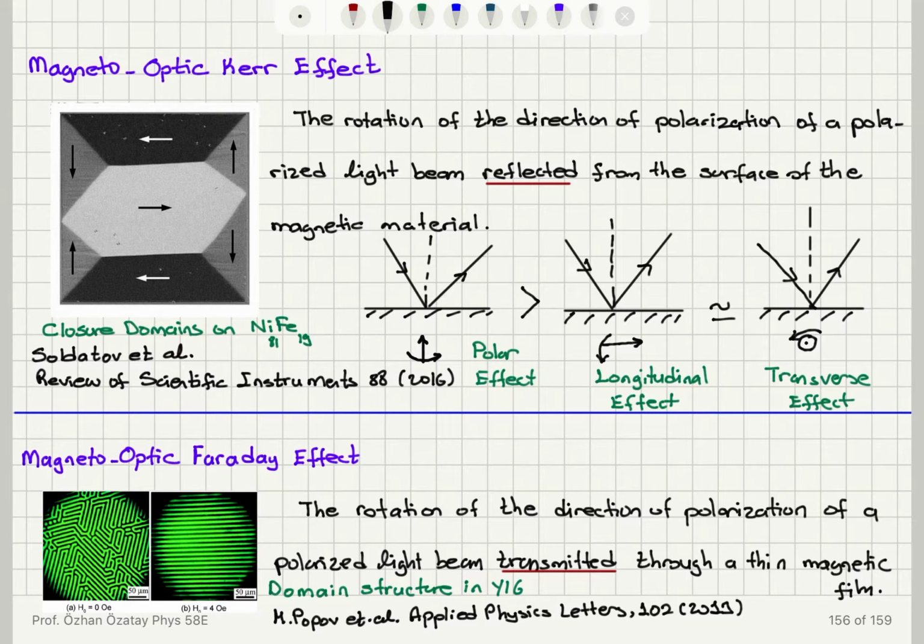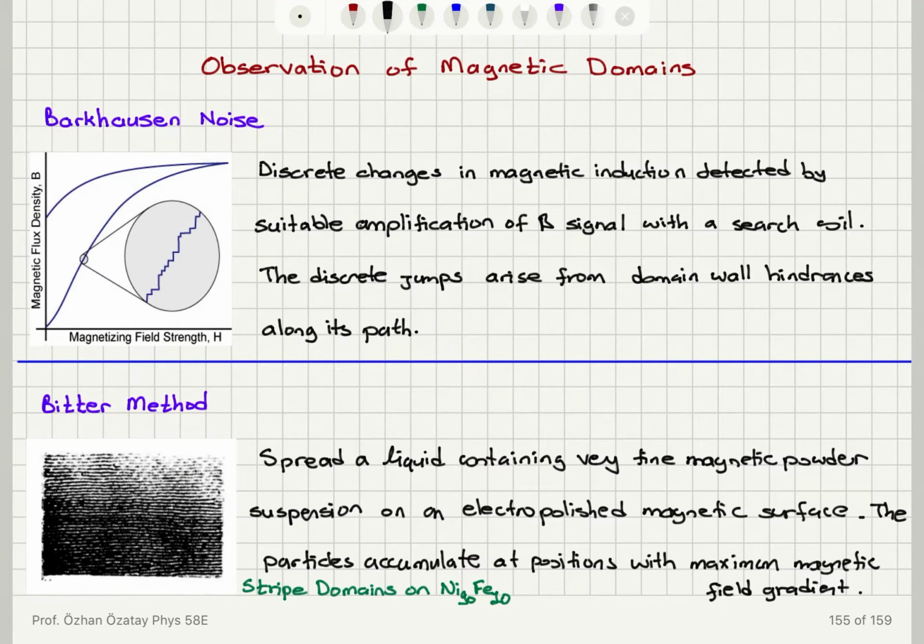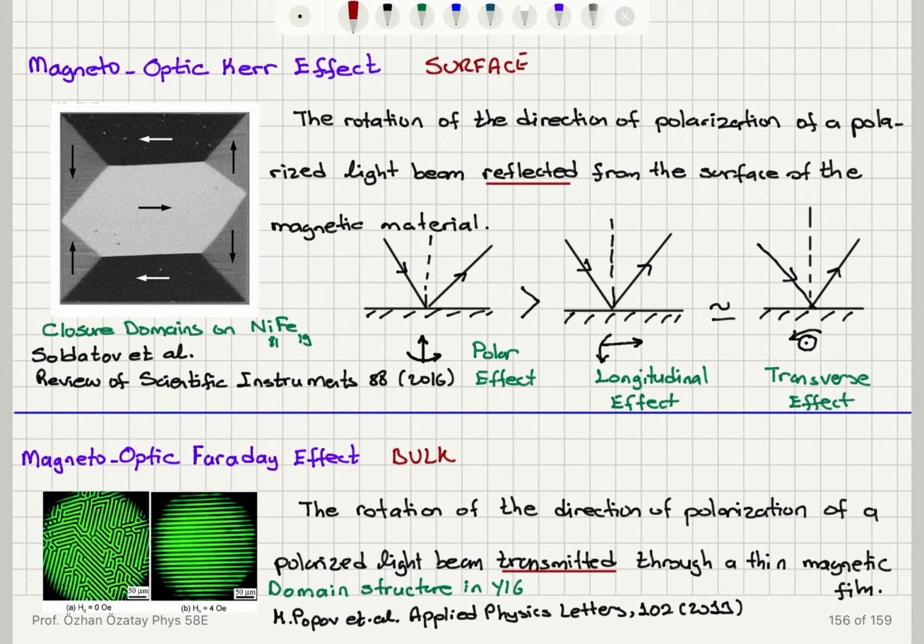It's a bulk effect. So the magneto-optic Kerr effect is a surface effect. The magneto-optic Faraday effect is a bulk effect. And the Bitter method works for the surface. The Barkhausen noise is due to the motion in the bulk, not just the surface.